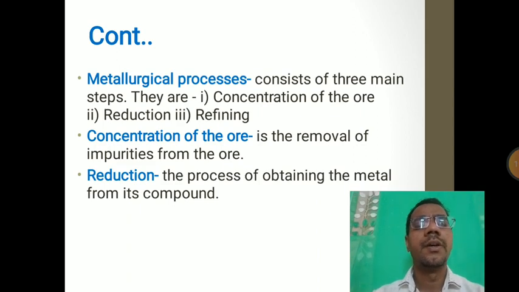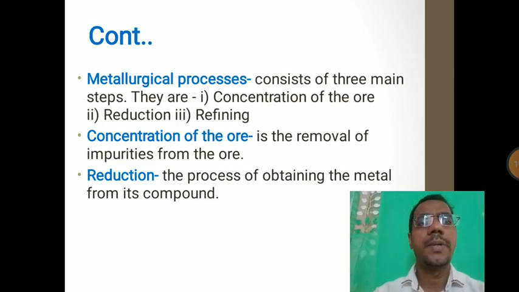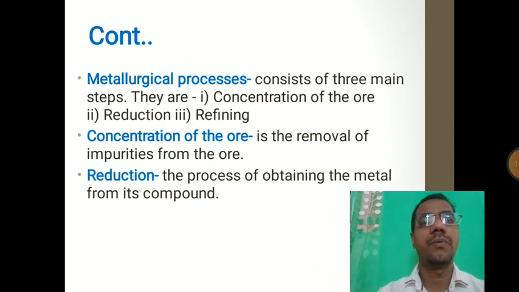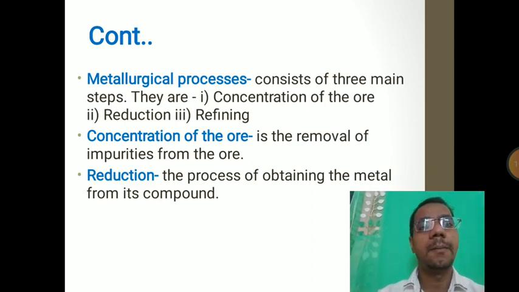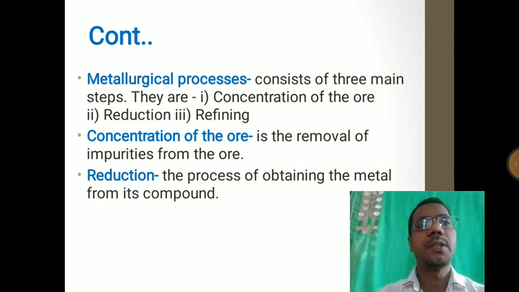Next, reduction. What is meant by reduction? The process of obtaining the metal from its compound. We know when we remove the impurities from the ore, we get only the ore. So if from this ore we obtain a metal, this is nothing but reduction.